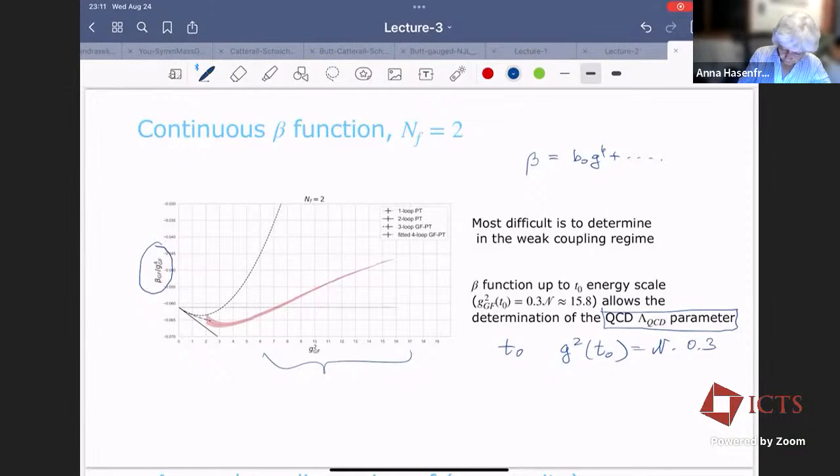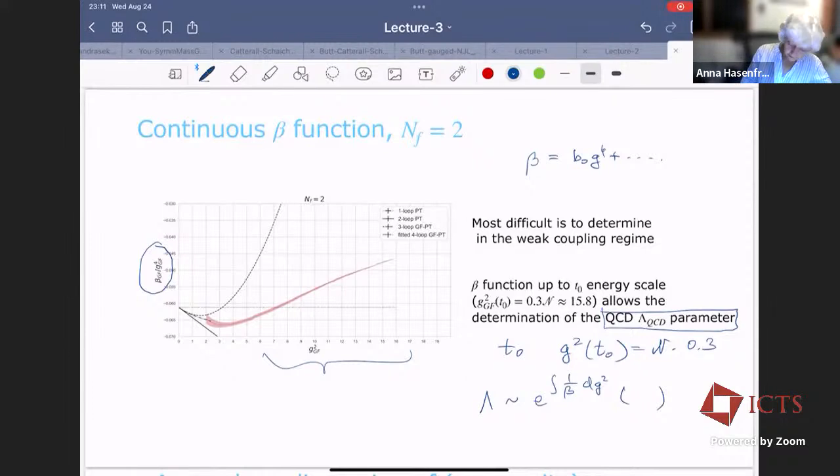We have actually done that. I didn't write down the number in here, but it's a beautiful curve. What do we do? So the lambda parameter is basically e to the integral of 1 over the beta function dg squared plus some constant terms.